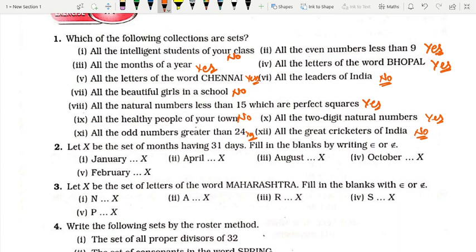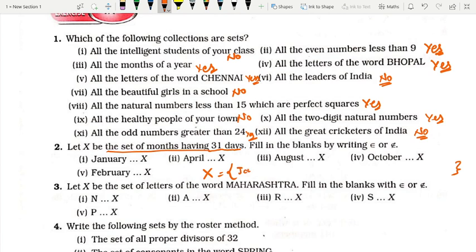Now, X is the set of months having 31 days. Fill in the blank by writing belongs to or doesn't belong to. First of all, collect the set. What will be the set? X is equal to, we can write all the months which are having 31 days.